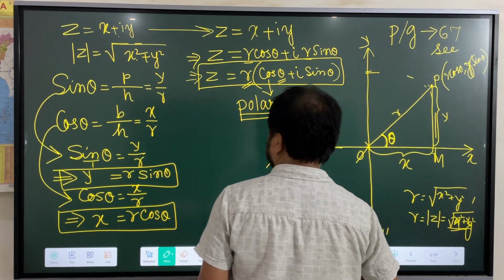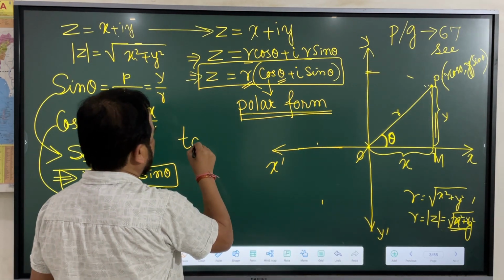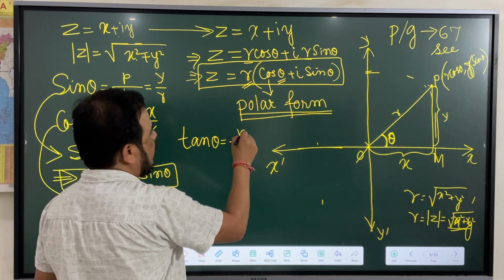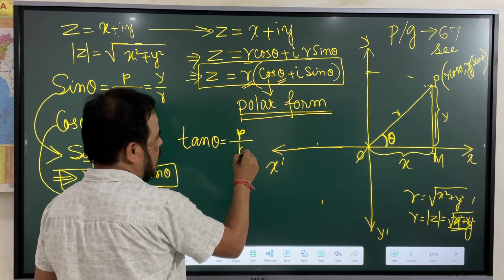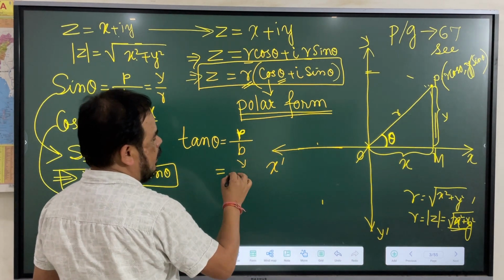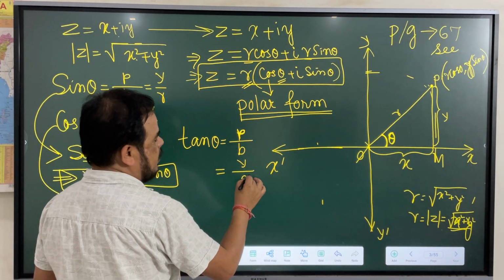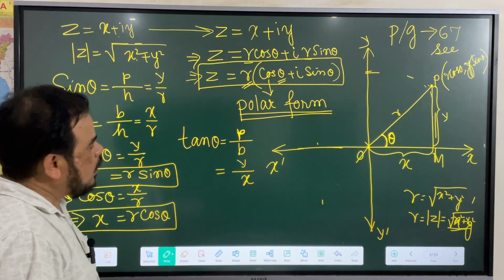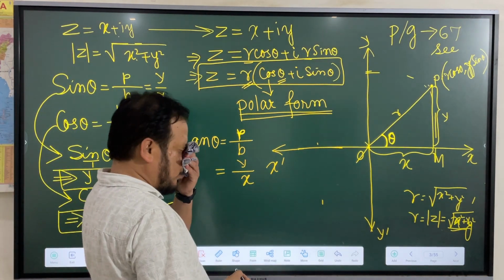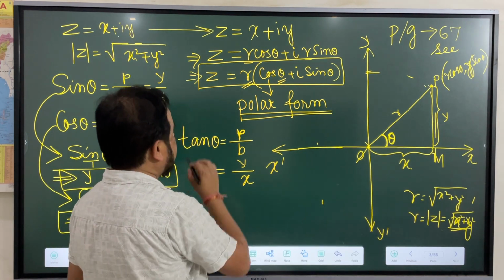How to find out the value of this theta? If we want to find it, we will have to go to tan theta, which is P by B. P is perpendicular, y. Base is x. If we know the value of y and the value of x, then we will get the value of tan theta.